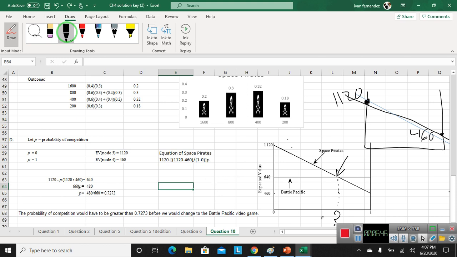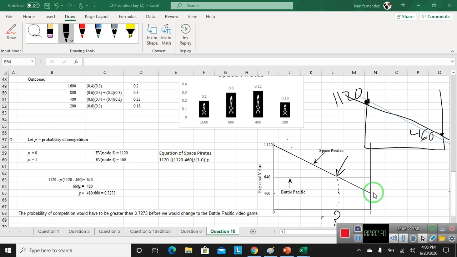Now, the other one is a little more complicated. Now we need to build the equation for Space Pirates. To do that, we could go into all of the math, but look at how I do it. It is quite simple. You're going to take the y-intercept, 1,120, and put it right there. Then you're going to do minus p, which is the probability, and then parenthesis, the high y-intercept minus the other intercept right here.